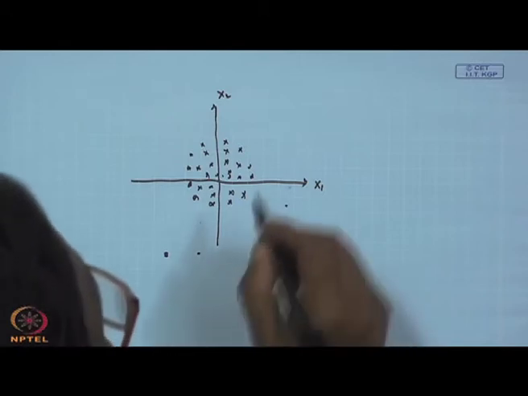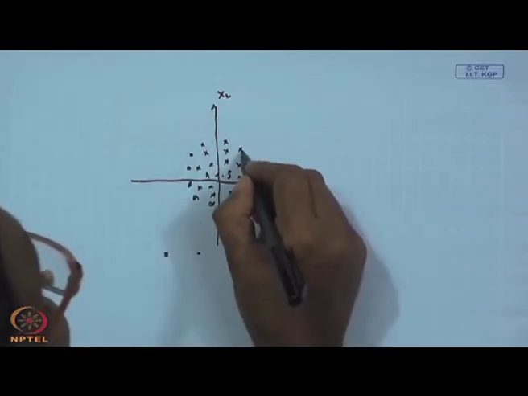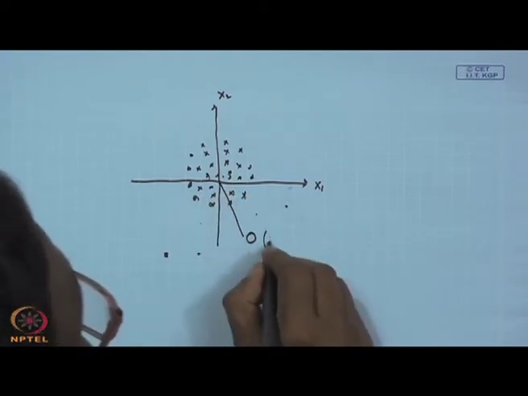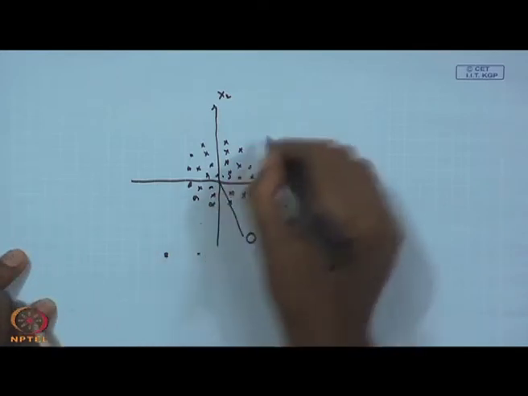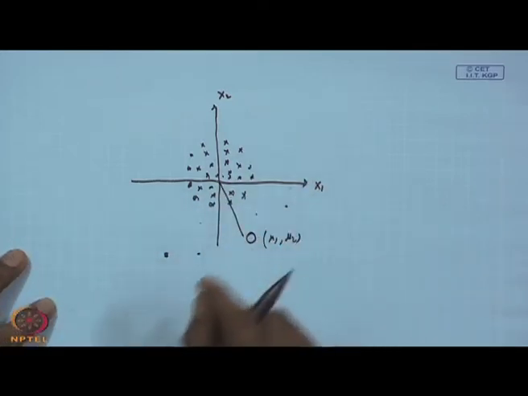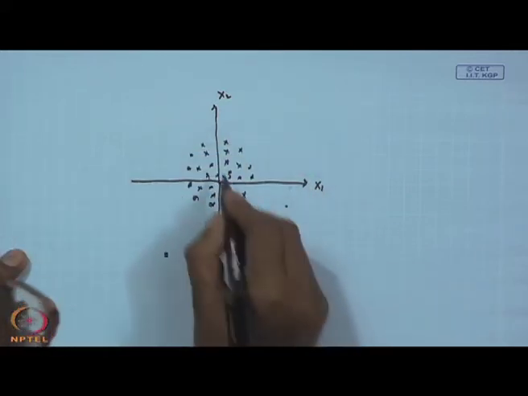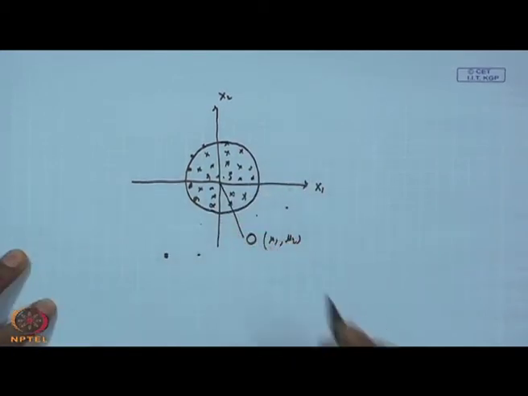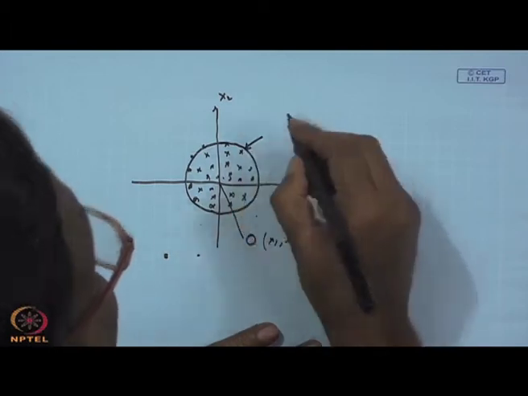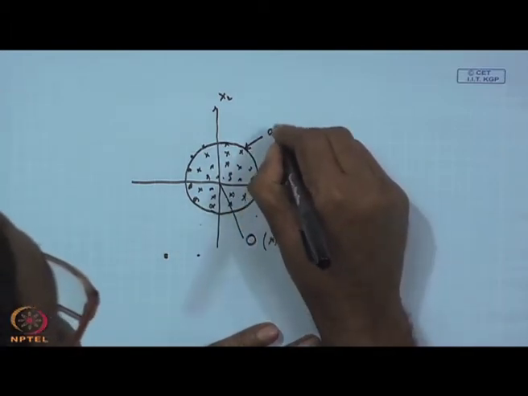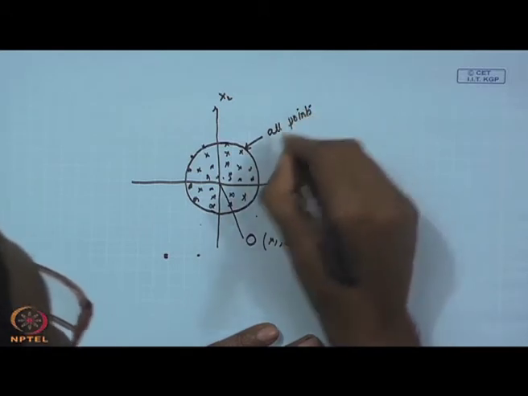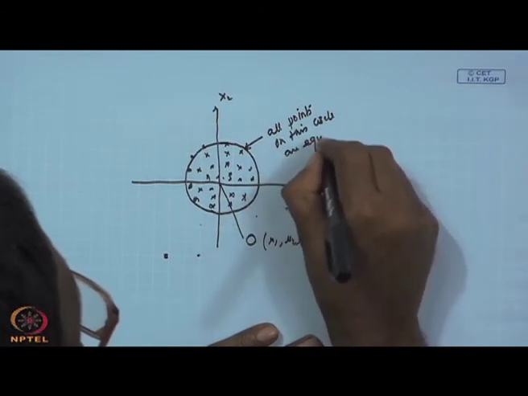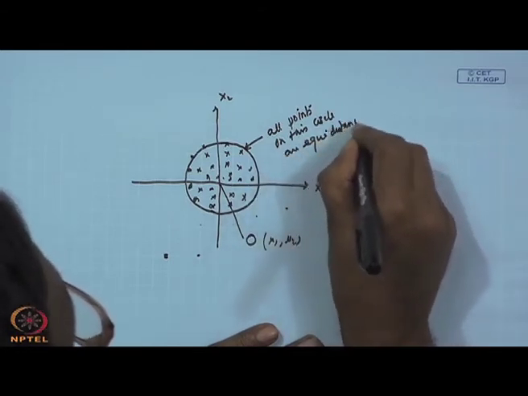If you find all points equidistant from O, that is the mu1 and mu2 coordinate, meaning equal Euclidean distance, and you join them, you will get a circle. So, all points on this circle are equidistant.